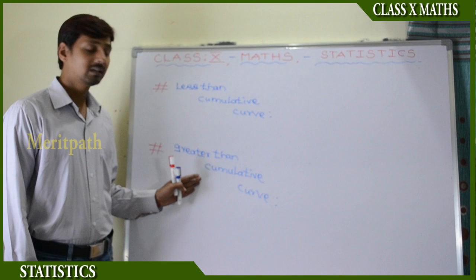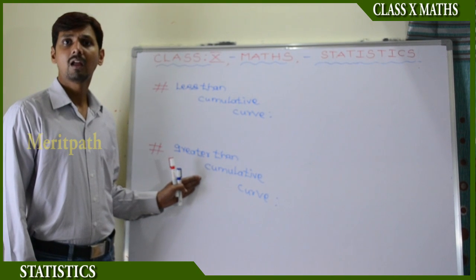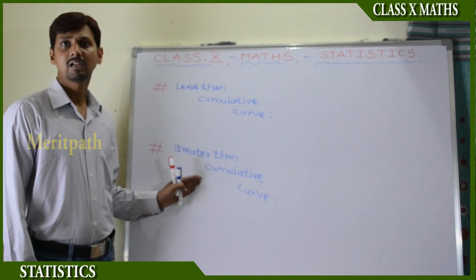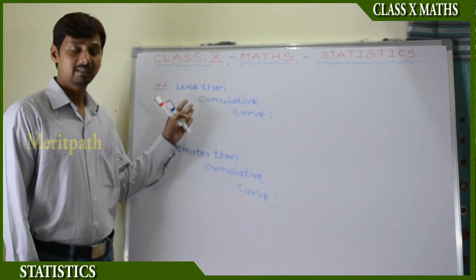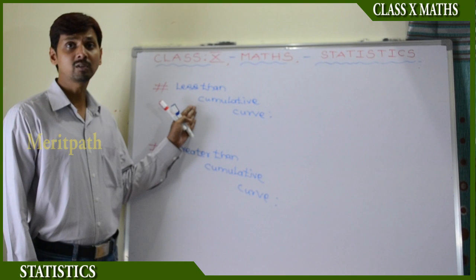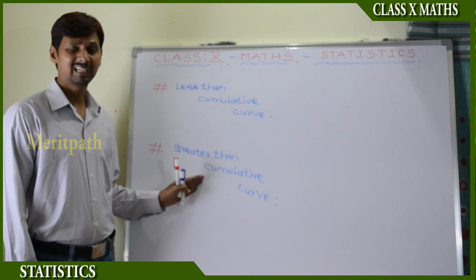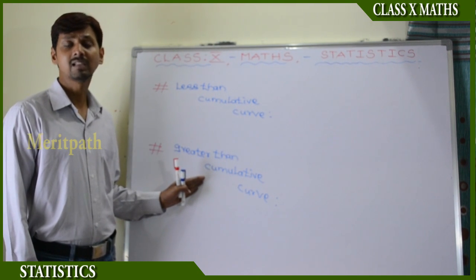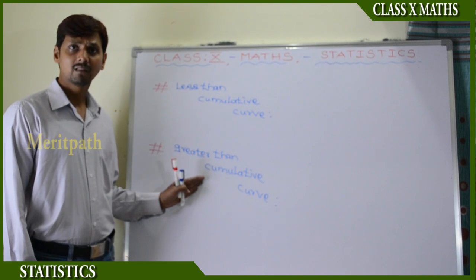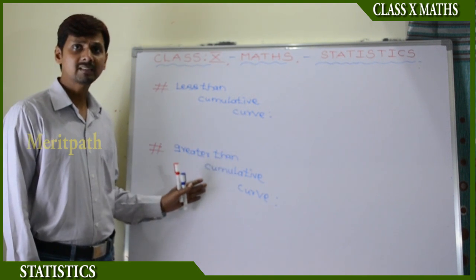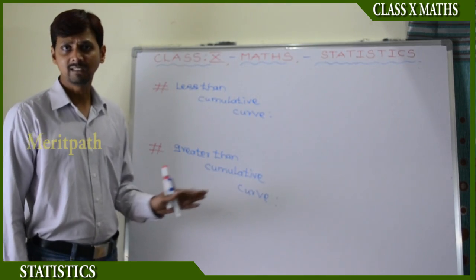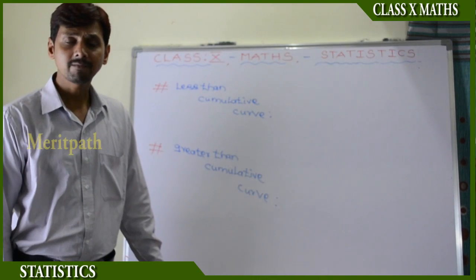And then for the greater than cumulative frequency, we'll use the lower boundaries, and for the less than cumulative frequency we use upper boundaries. For the greater than cumulative frequency, we will use lower boundaries and the frequencies, and using these two we'll plot on the graph.